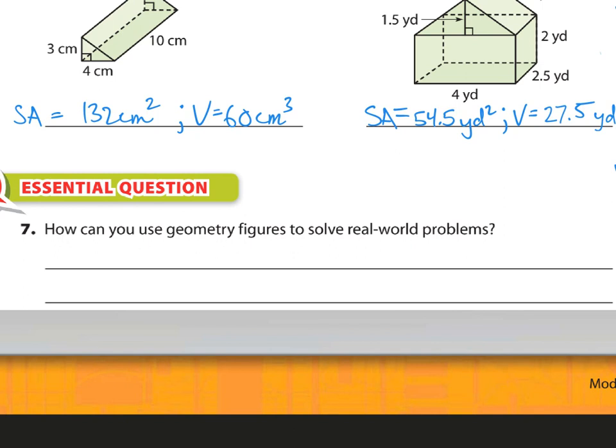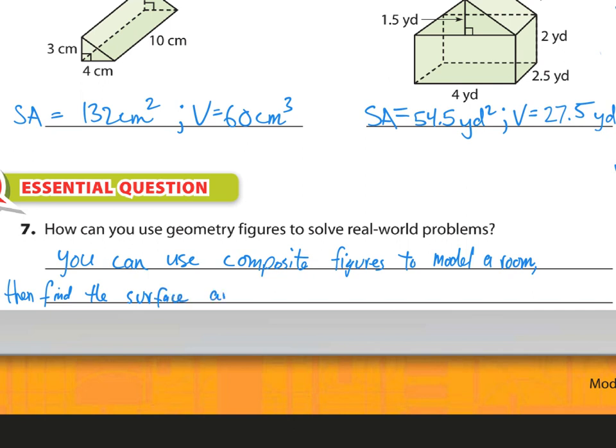And what I could say is you can use composite figures to model a room, then find the surface area, to decide how much paint you need to paint a room.